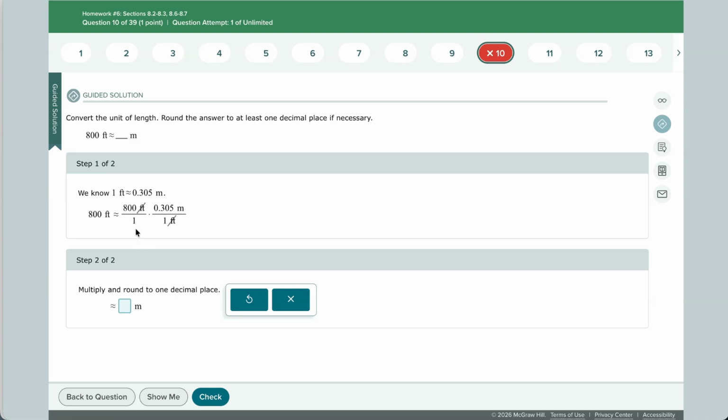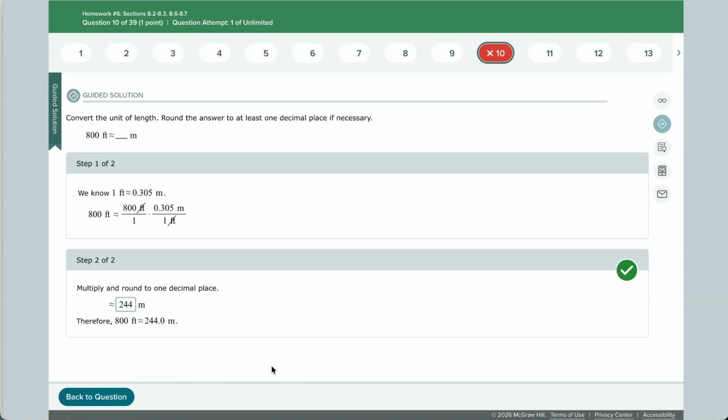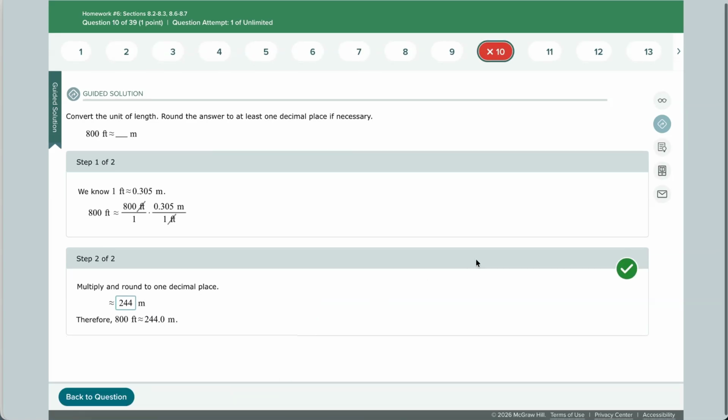So I'm going to multiply 800 by 0.305. And I'm going to round to 1 decimal place. So I get 244. Okay. So use the guided solution as well.